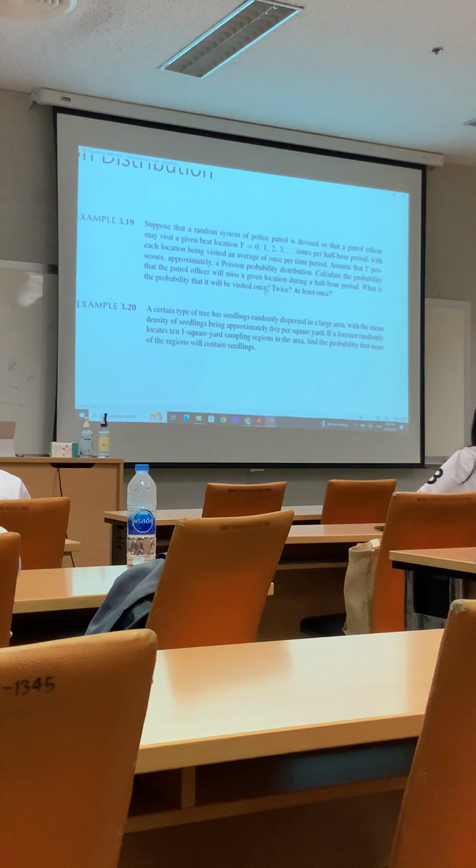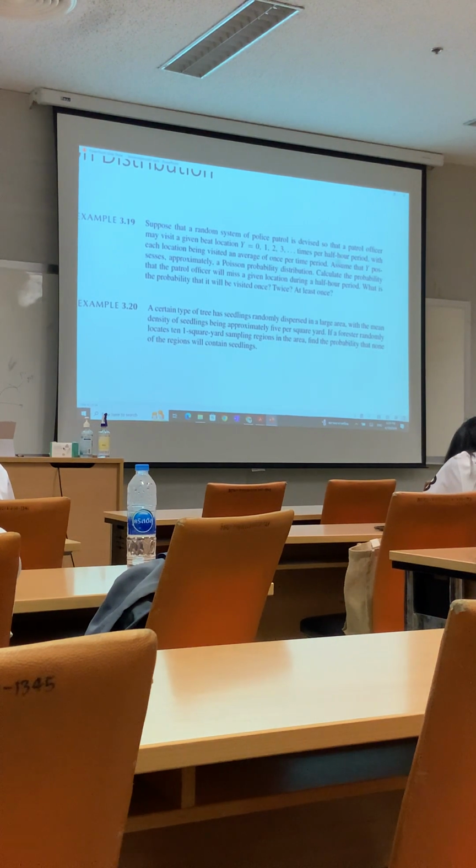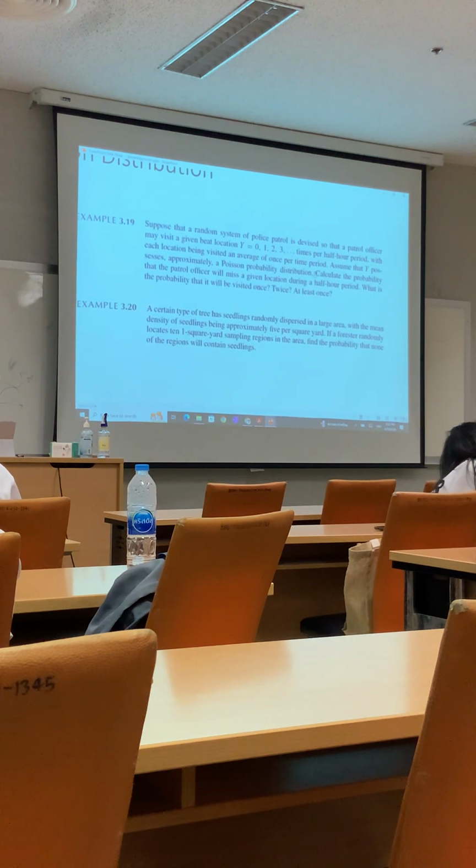You can see that this already tells you that it has to be Poisson distribution because the possible values of y are discrete numbers, and also you have the time period of half an hour. Okay, and then it said with each location being visited on an average of once per time period. So this is your lambda. Lambda is 1. Assume that y possesses approximately Poisson probability distribution.